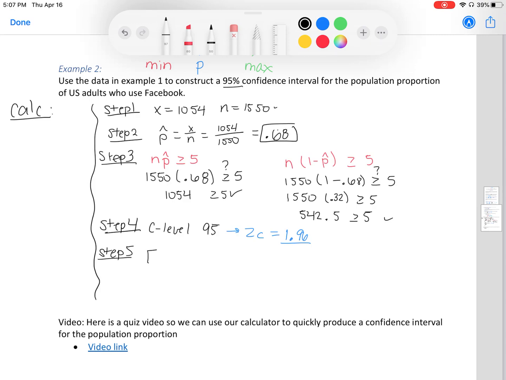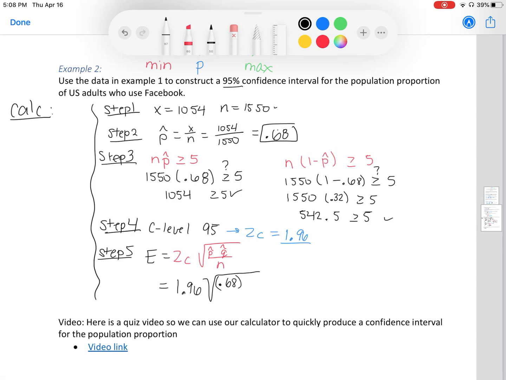For step 5, we have an error formula, and it's E is equal to zc times the square root of p hat times q hat all over n. Let's go ahead and substitute those values. We found that zc is 1.96. P hat is 0.68.